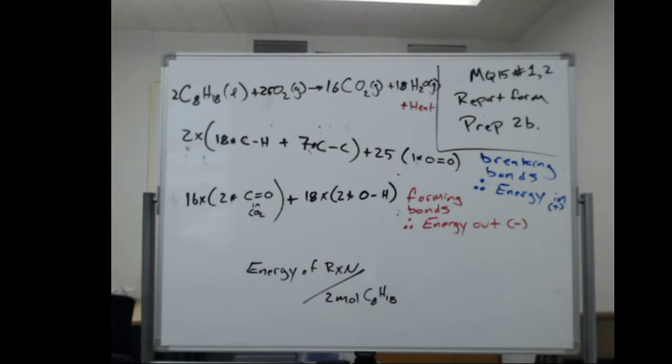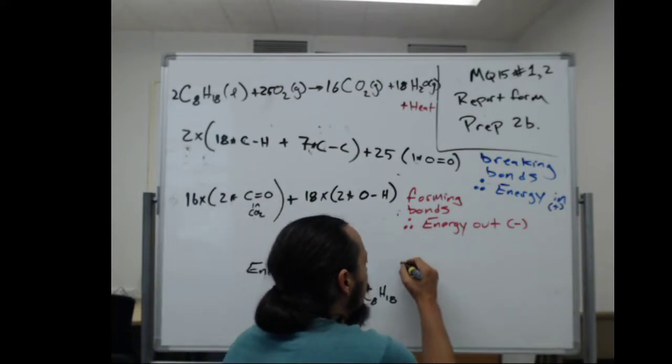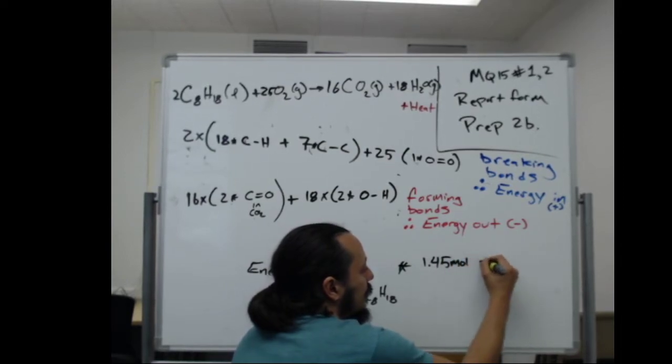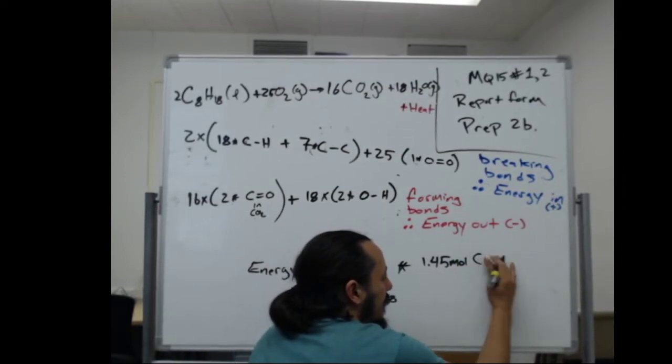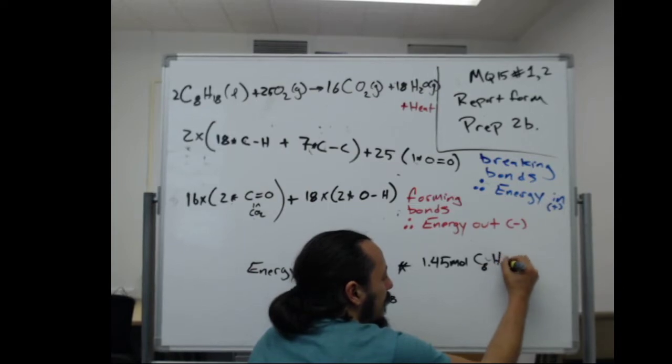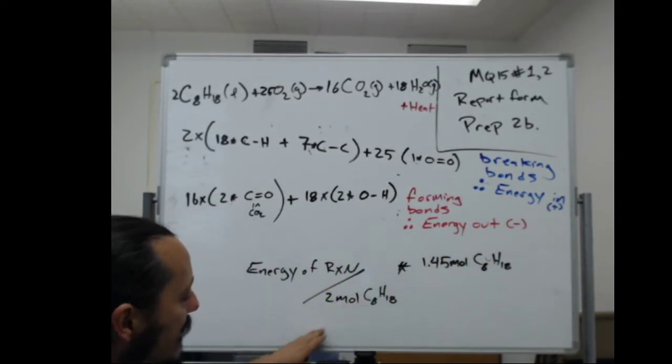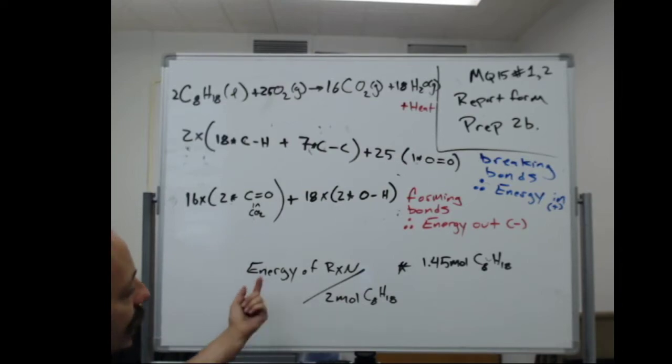I found the energy for the 2 moles, and I just don't understand how you get it to the 1.45 moles. Just multiply. Right? Notice your moles of C8H18 will cancel out, and you'll just get energy out.